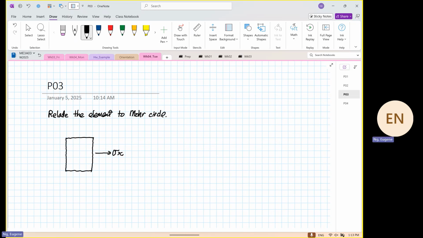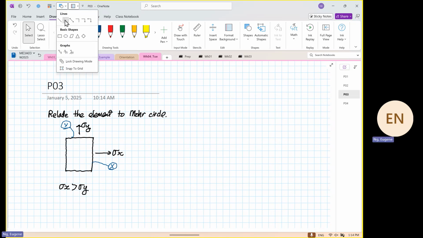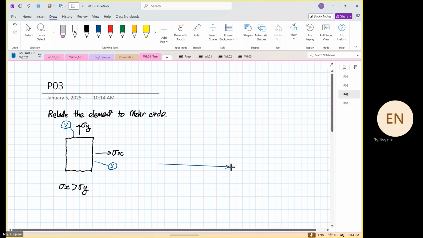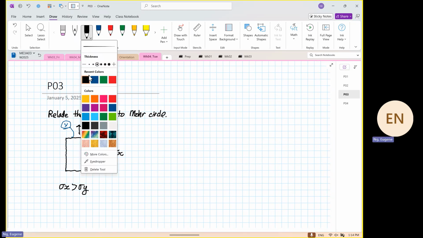This is my stress X. Over here, this is my stress Y. And I will declare that stress X is greater than stress Y. A very good practice to do. Once you know this surface, you label this as point X. You label this as point Y. And then now we are going to sketch Mohr circle.